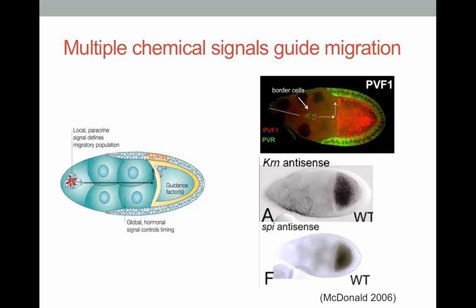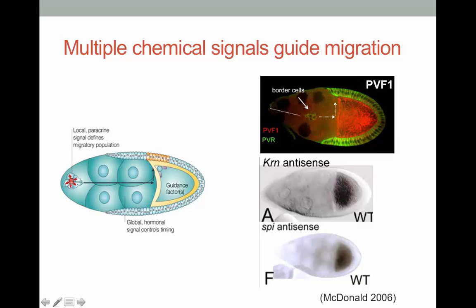People studying cancer metastasis or angiogenesis are familiar with VEGF. So these are really homologs to what's in mammals. When you stain for PVF1, the secreted factor, you can see it's highly concentrated at the oocyte, and also the nurse cells will have that. And the border cells have this PVF1 receptor called PVR, shown in green here.